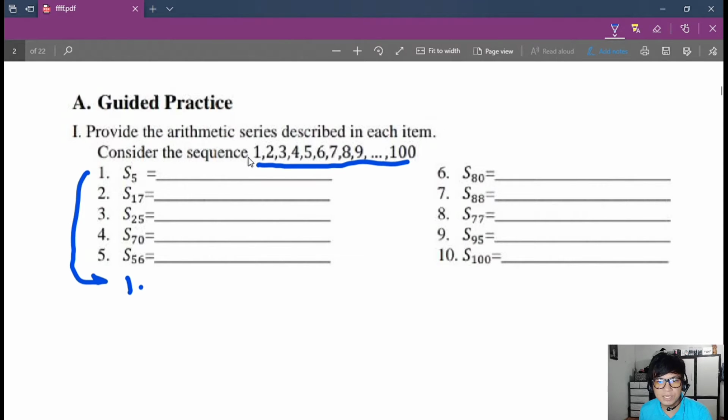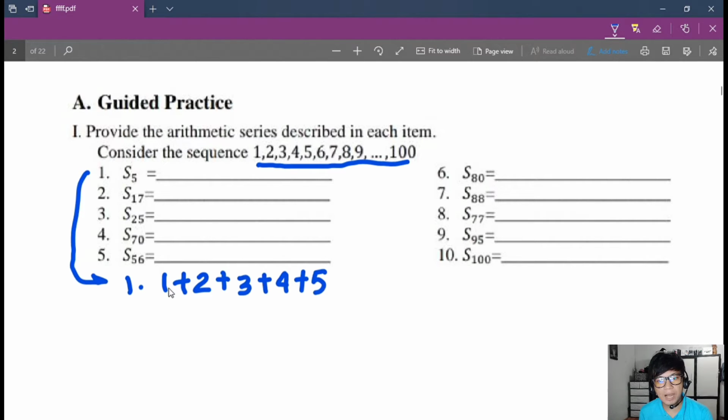So, since ang first term natin is 1, that is 1 plus 2 plus 3 plus 4 plus 5. So, yan yung arithmetic series.